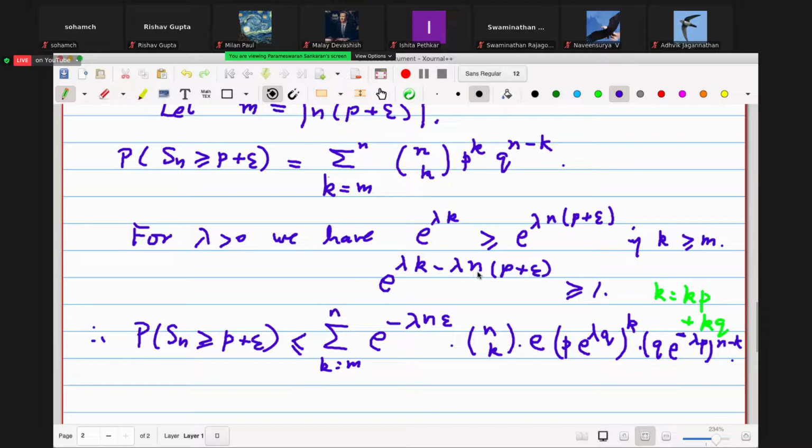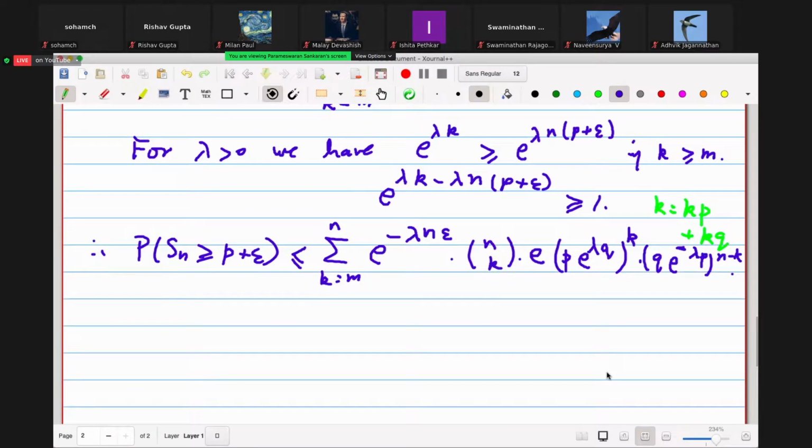Notice that minus lambda np is accounted for, and then plus kp is accounted for because I put a minus k here. And after this stage, you forget about this m, and then you rewrite this, if at all you are adding some positive quantity, as k equals 0 to n, and then you have, of course, e power minus lambda n epsilon.